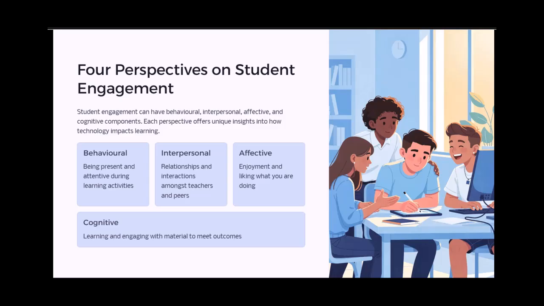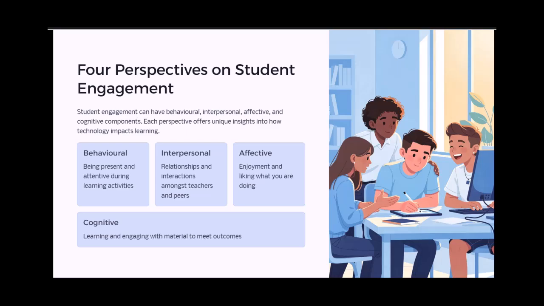So as I said, student engagement can have behavioural, interpersonal, affective and cognitive components. Behavioural is where the student is present and not distracted during the learning activities, maybe sitting in a group and listening, but that doesn't mean that they're actually fully engaged.